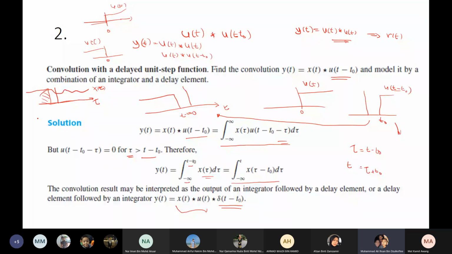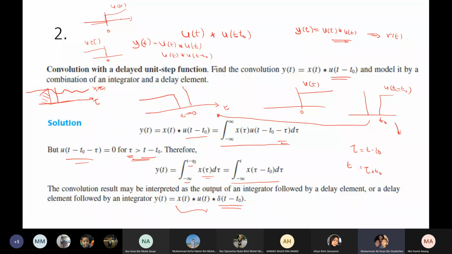Okay? Understand? So that is the reason why you have this, because you flip, you inverse this u(t minus t naught). Okay.